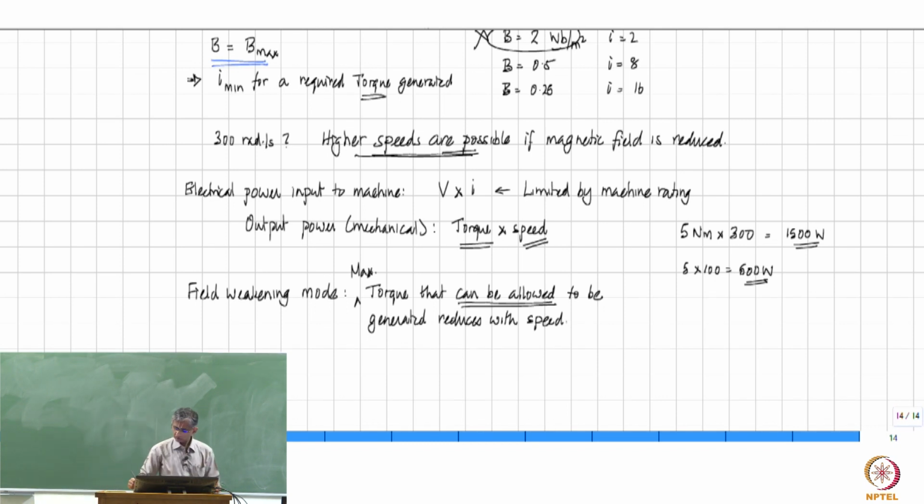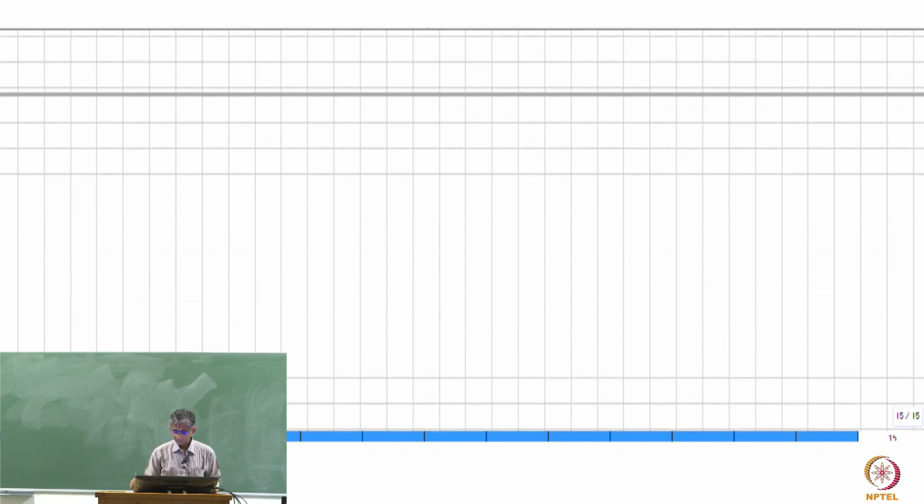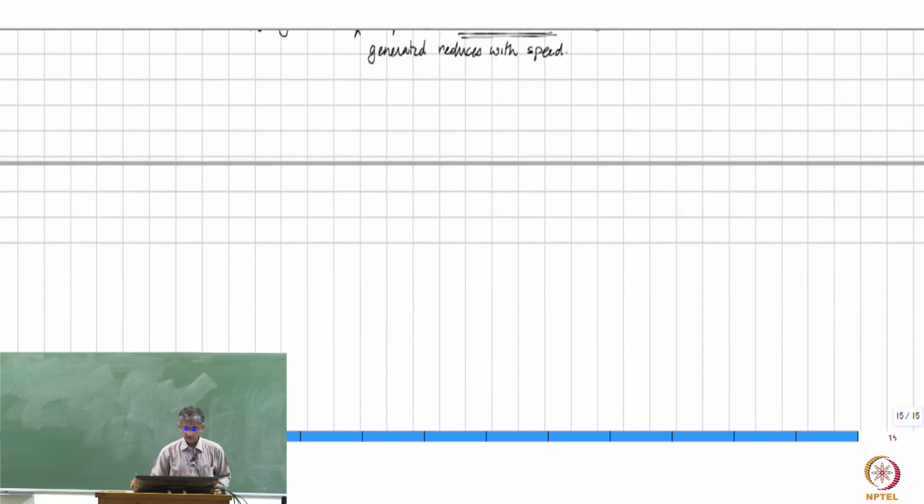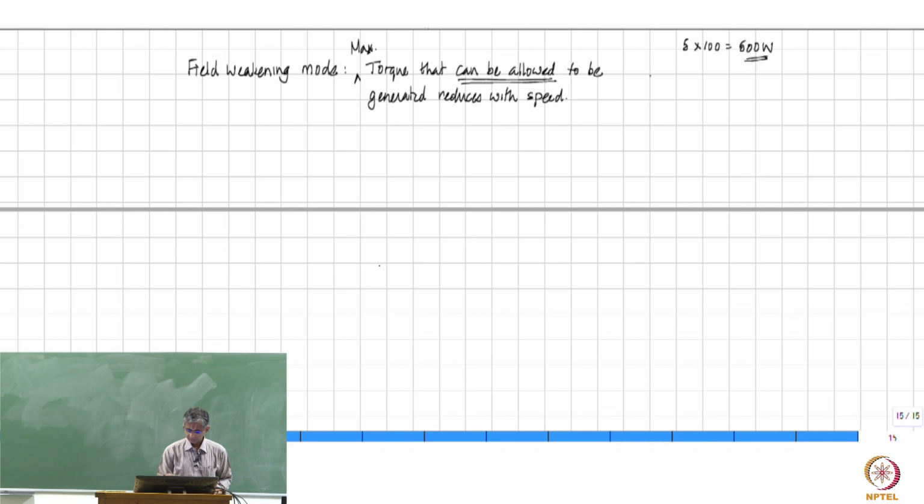So if you then look at a graph that can be drawn between torque capability of the machine and speed.